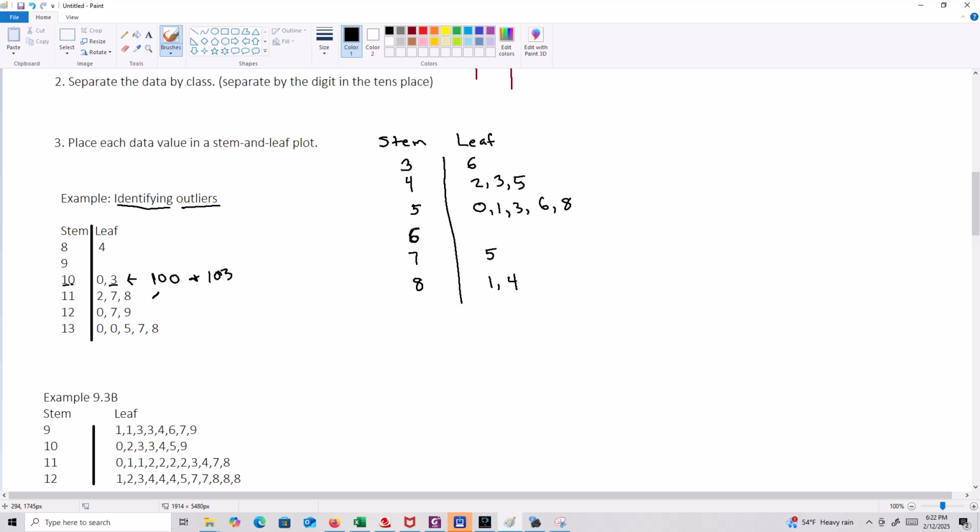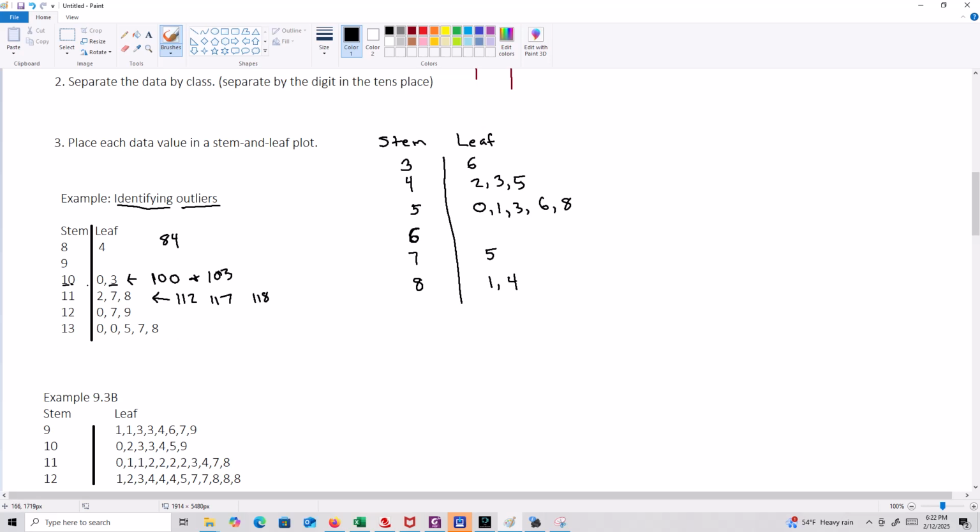So these numbers right here represent 112, 117, and 118. This number up here represents 84. If you have a whole bunch of numbers listed there for you, it can be hard to see what is the outlier.